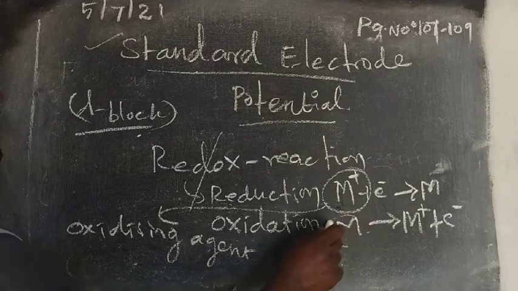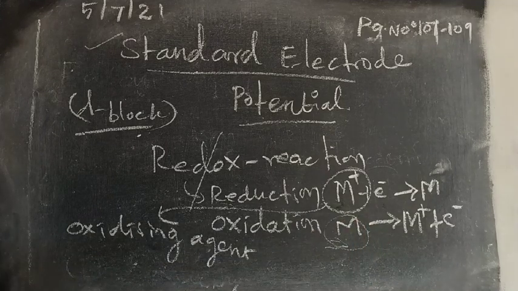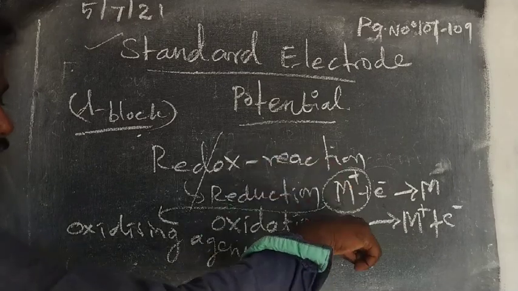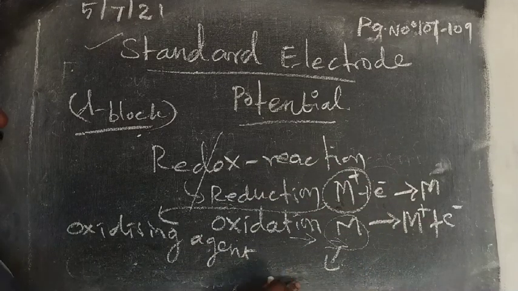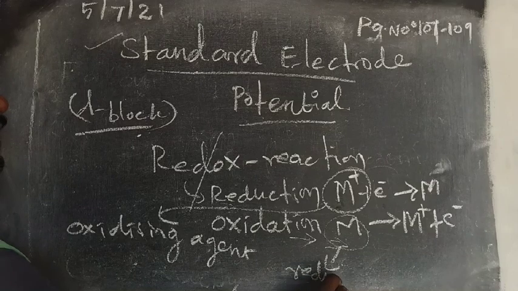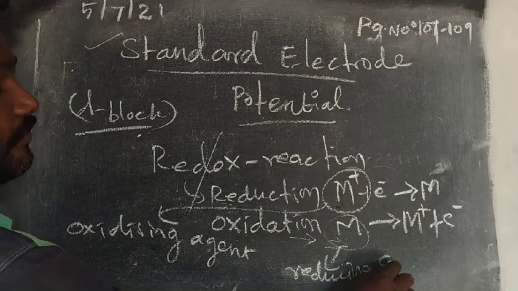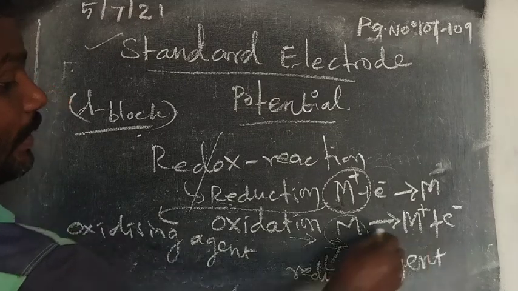In the same way, the second metal or element donating electron is undergoing oxidation, but it is acting as a reducing agent for the remaining one.